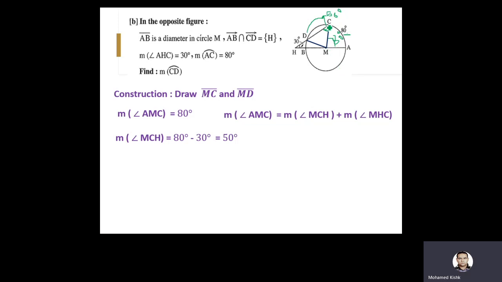Now we have the triangle CMD, this triangle, which is isosceles because MC and DM are two radii and they are equal in length. So the base angles are equal, so measure of angle MDC also will be 50 degrees.